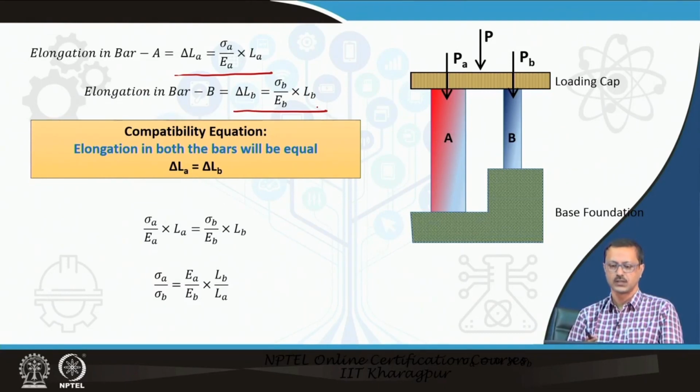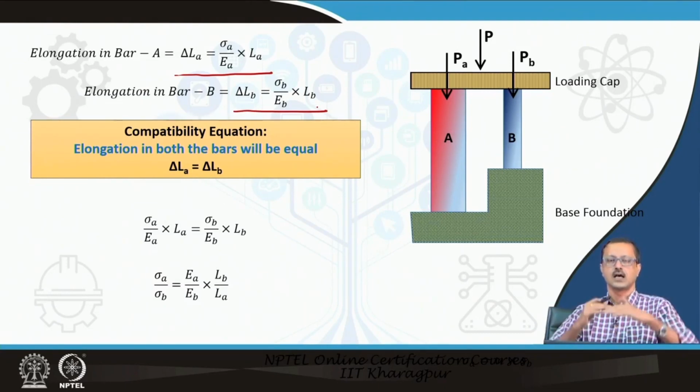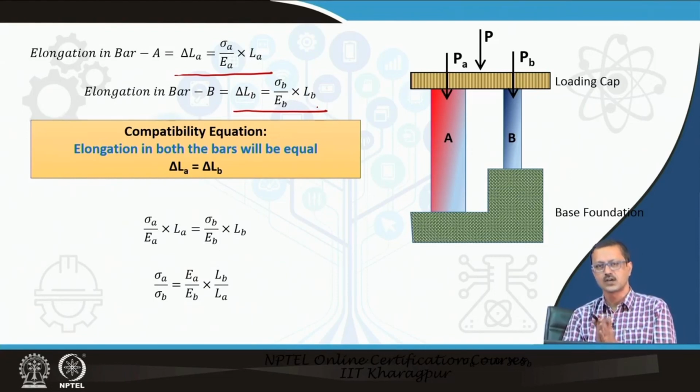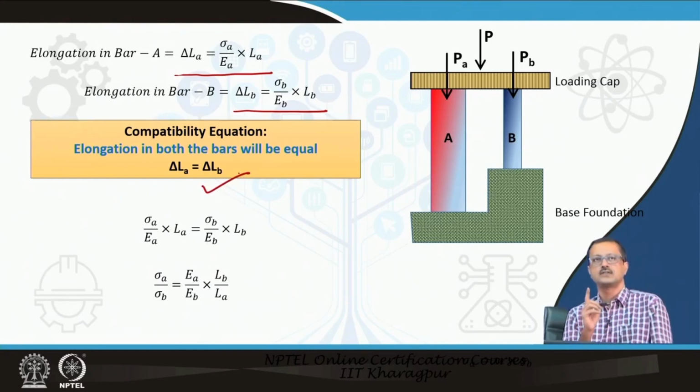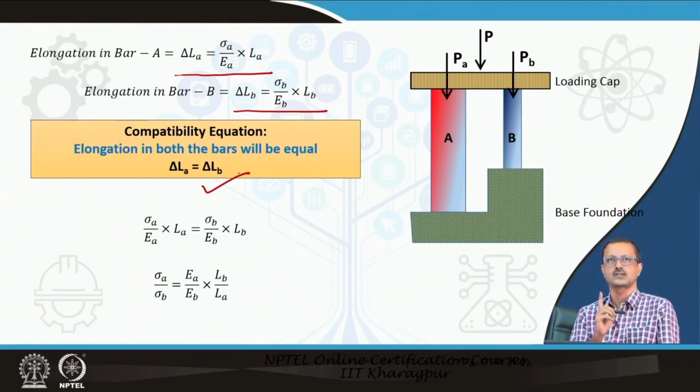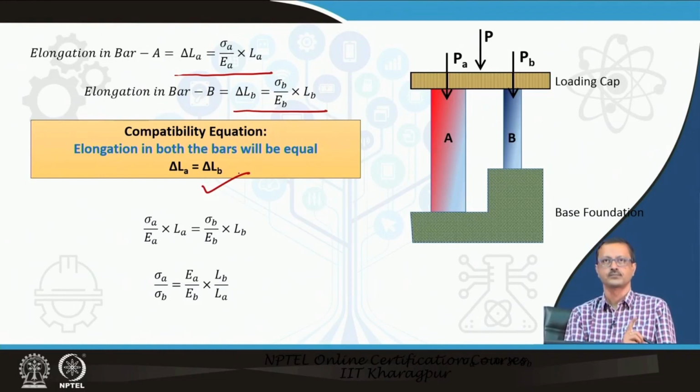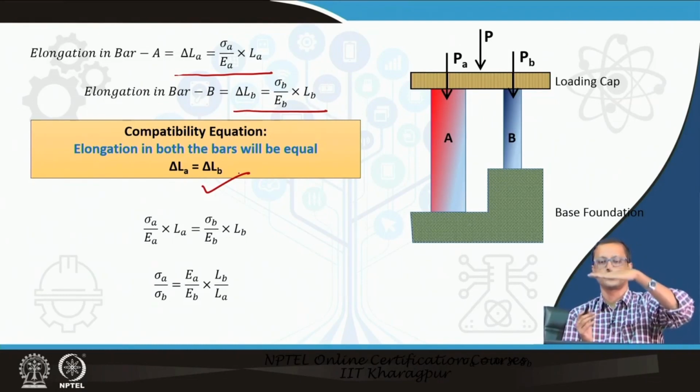Otherwise, these two bars will not act in a monolithic or homogeneous way when there are composite sections. Both the elongations are the same. Please note that the strains are not the same. The compatibility equation means the elongations are the same. Then only the loading cap will move down in a similar manner.